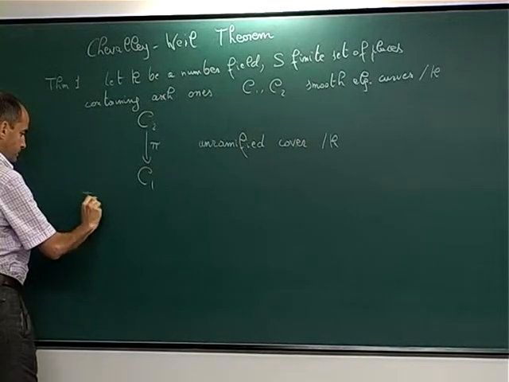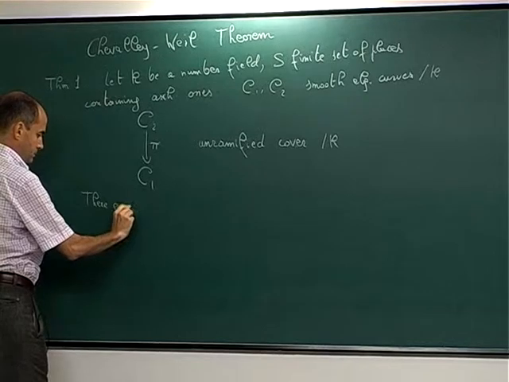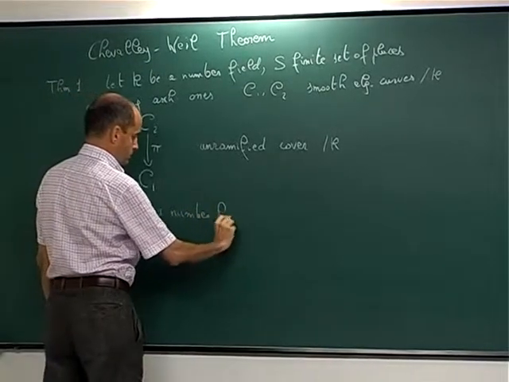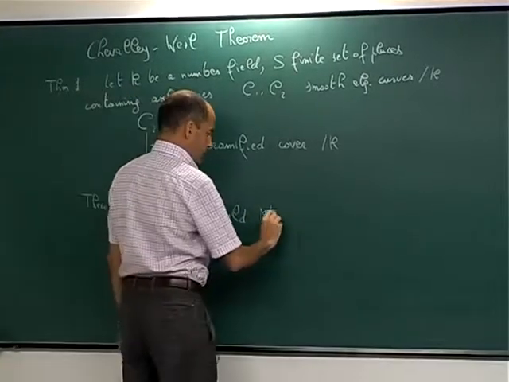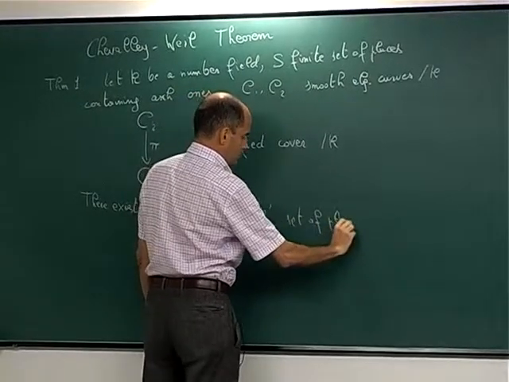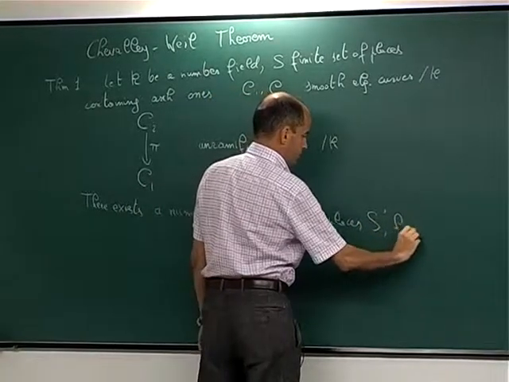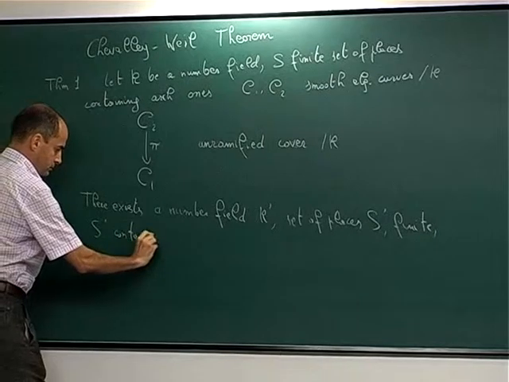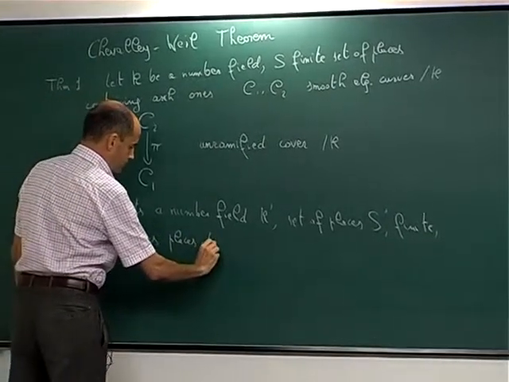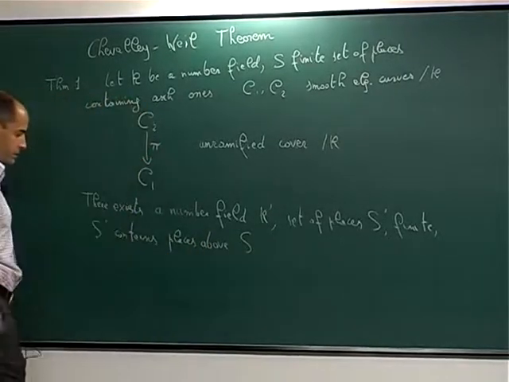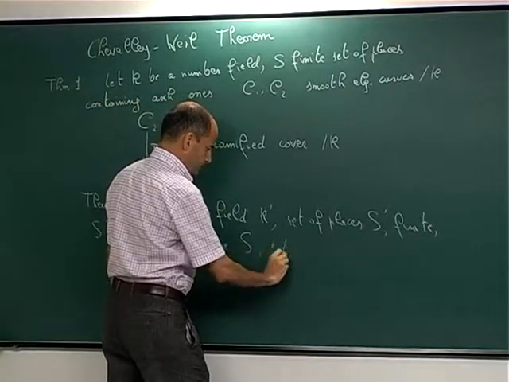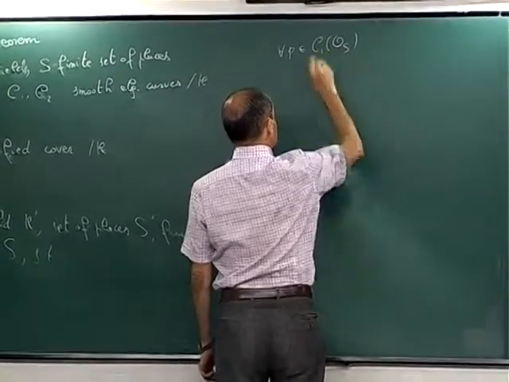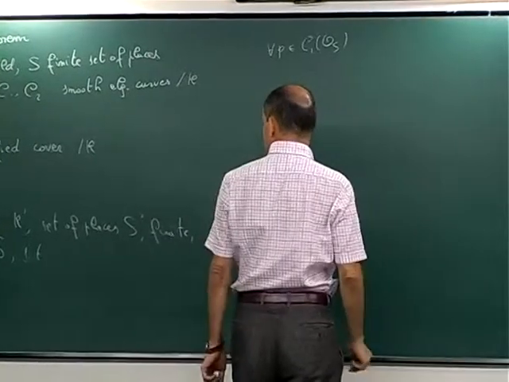Now, there exists a number field K prime and a finite set of places S prime, such that S prime contains all the places above those of S, and such that every S-integral point of C1 admits a preimage which is S prime integral.